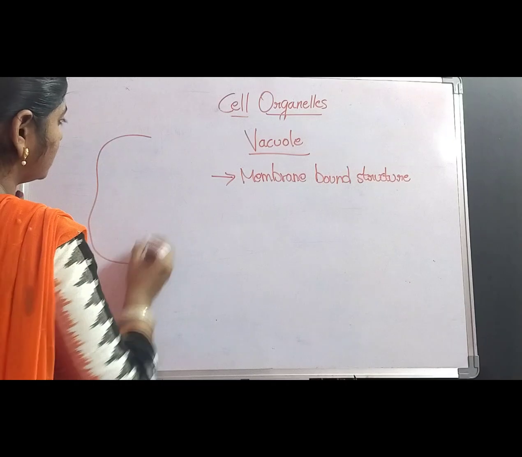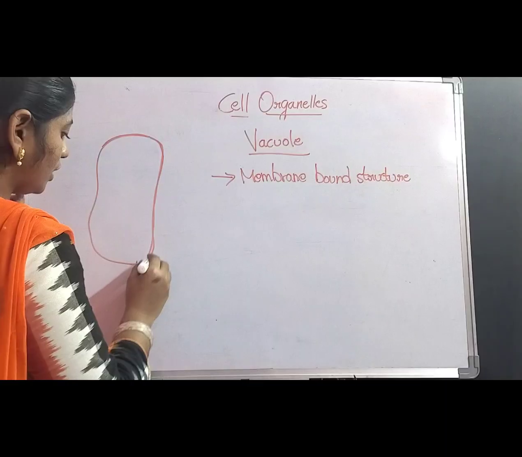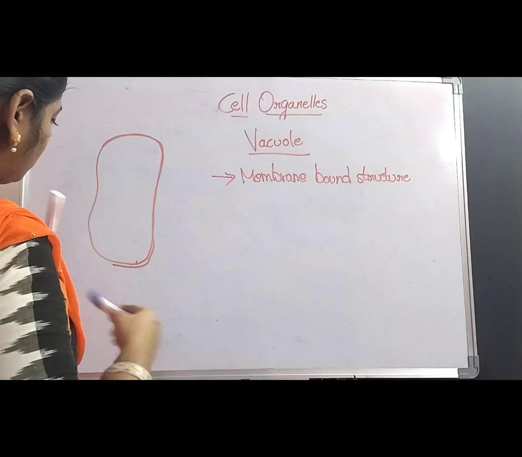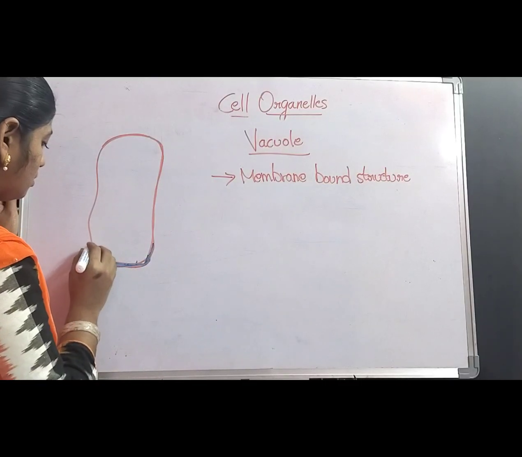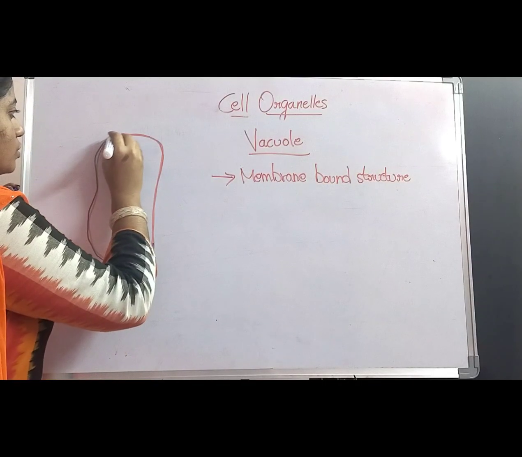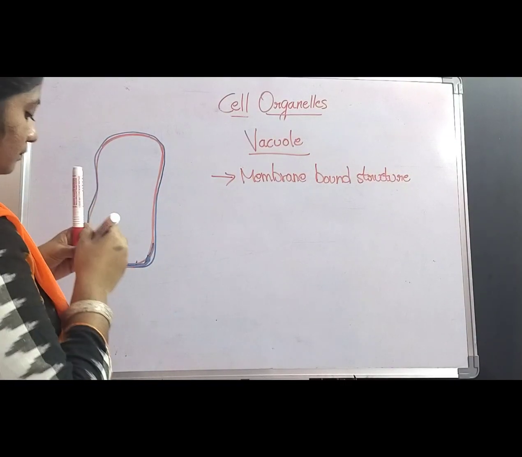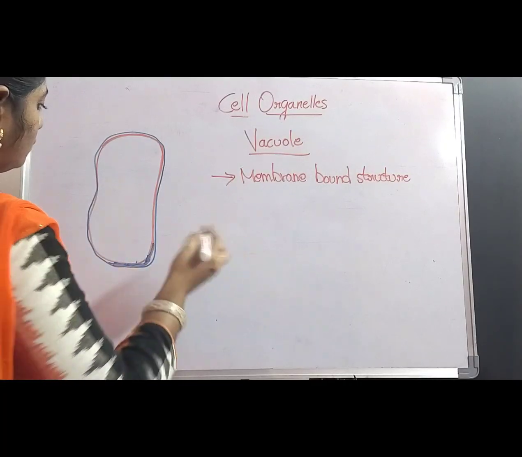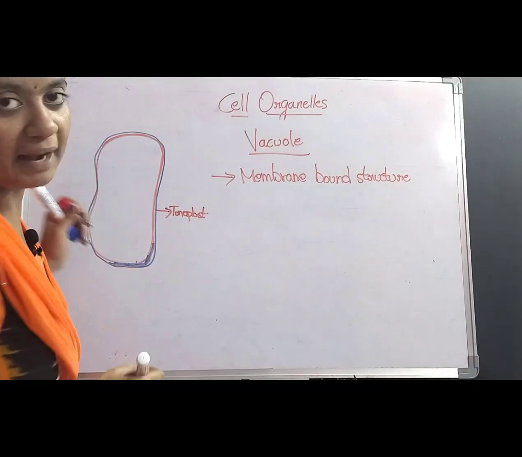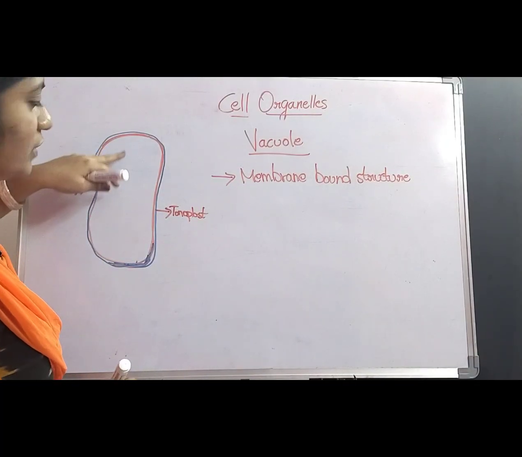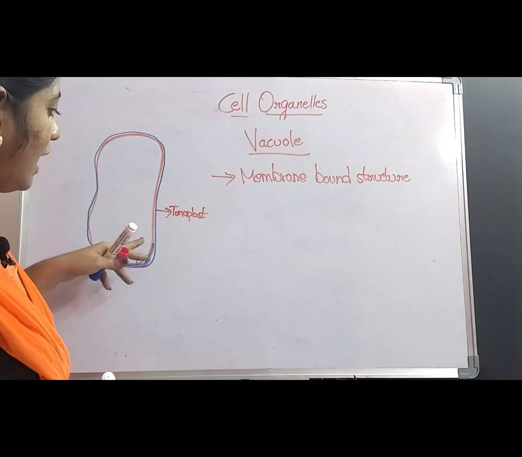So this is the vacuole, and the layer which gives protection to the vacuole is called tonoplast. This type of vacuole is present in the plant cell, and the outer layer which is surrounding the vacuole is called tonoplast.